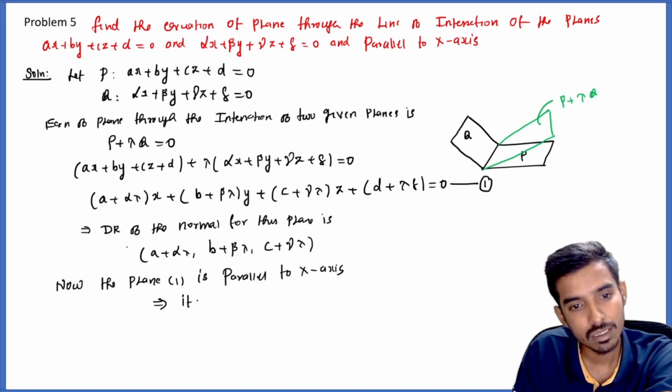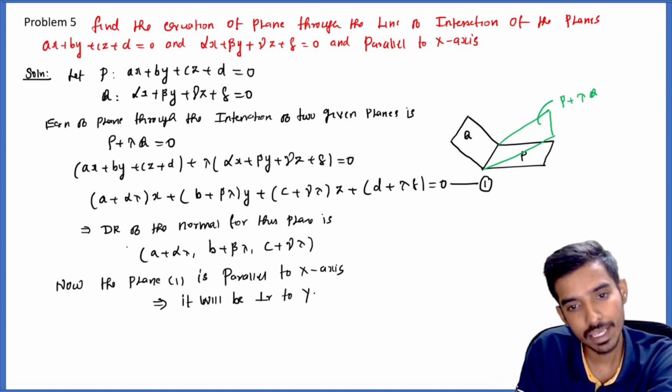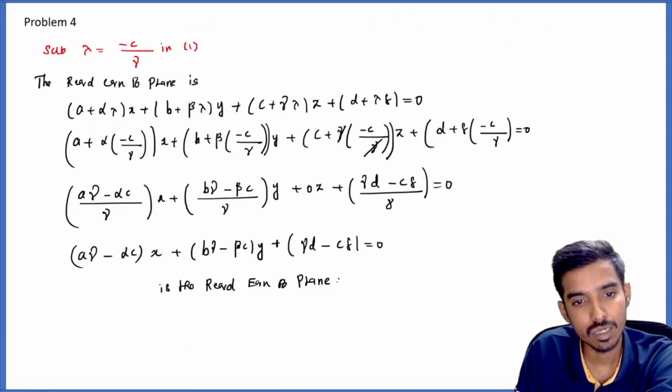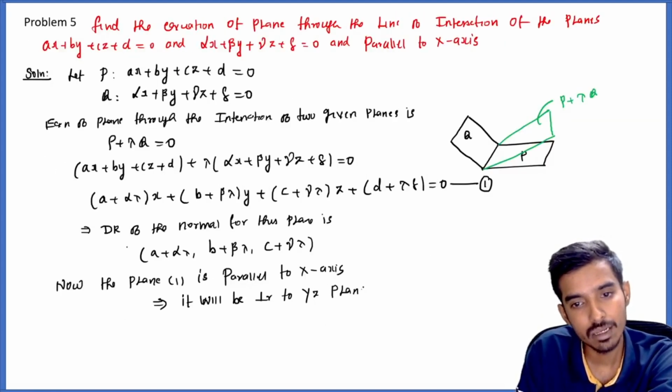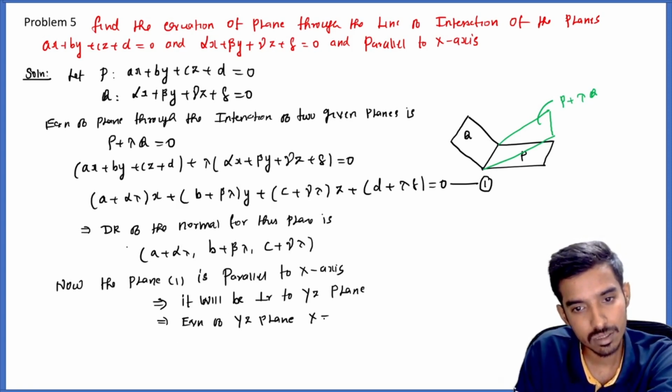That means it will be perpendicular to the yz plane, right? And what is the equation of the yz plane? The equation of the yz plane is x is equal to 0.